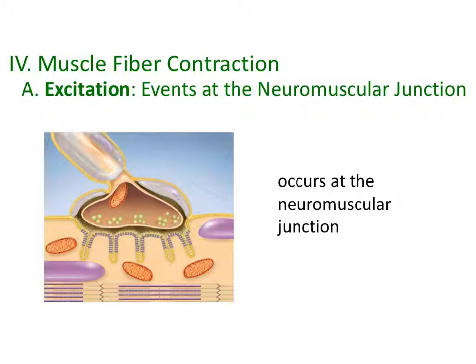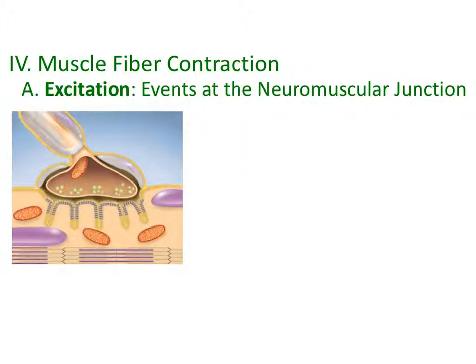So the first step of muscle fiber contraction is excitation, and this is the event that occurs at the neuromuscular junction and is the activation of a muscle fiber by the motor neuron. So there are 5 steps that occur during excitation.